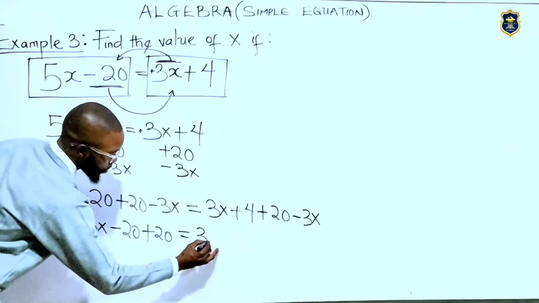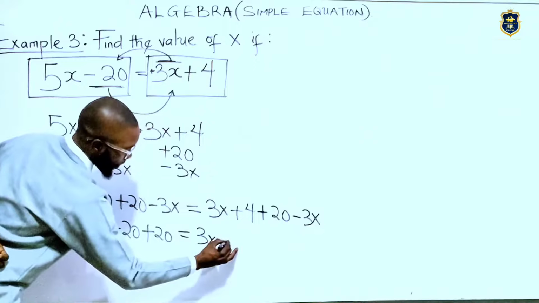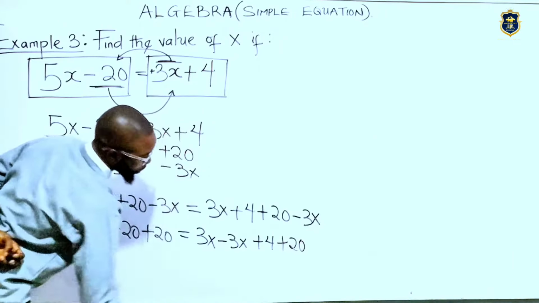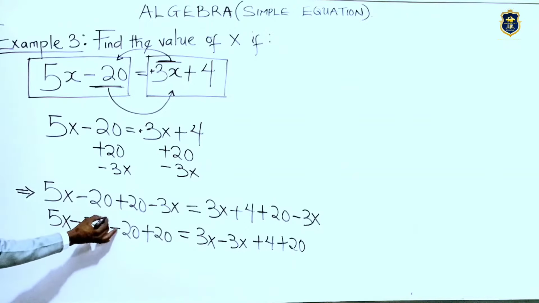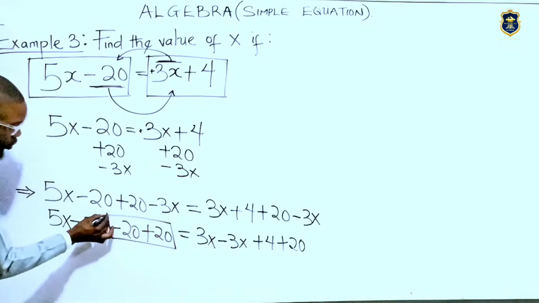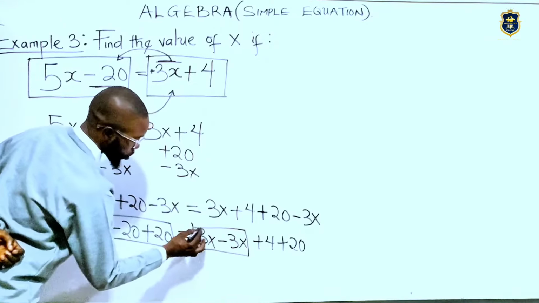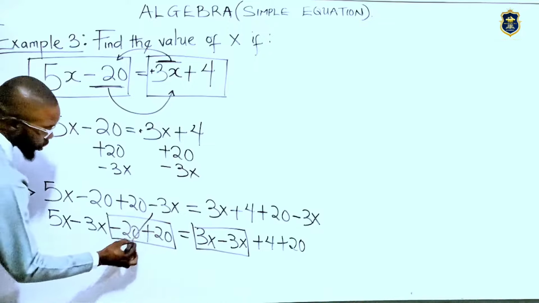Same thing happens here. You have 3x, then minus 3x, then plus 4 plus 20. I'm just rearranging. So you can see that minus 20 and plus 20 will go. Minus 20 plus 20 is 0. Then 3x minus 3x is also 0. All of this will go.